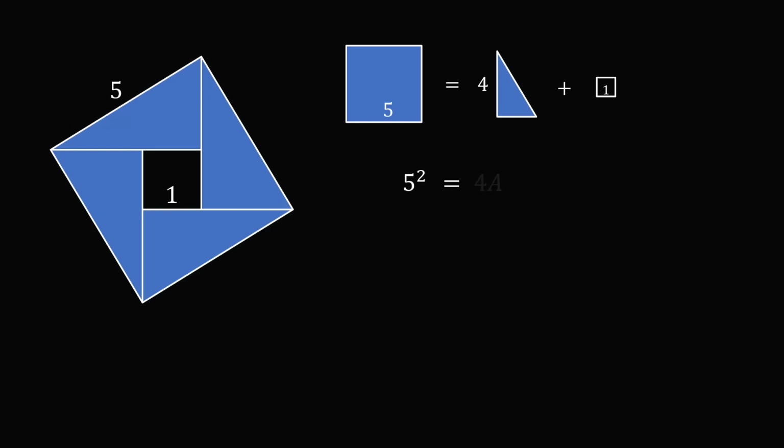This is also equal to 4 times the area of a right triangle plus the area of a square with a side length of 1, which is 1 squared. This gives the equation 25 is equal to 4a plus 1, so that 4a is equal to 24, and a is equal to 6. The area is solved without resorting to quadratic equations, and it is just an ingenious geometric construction.